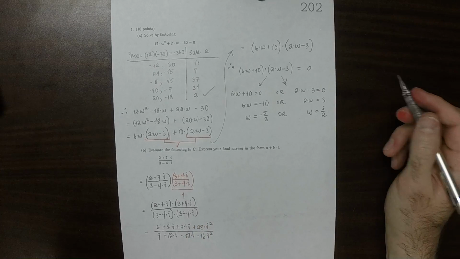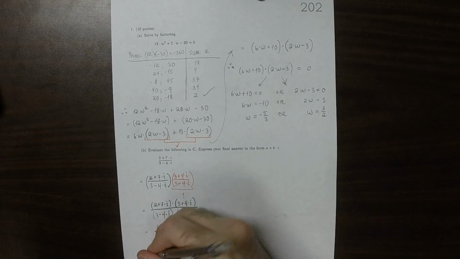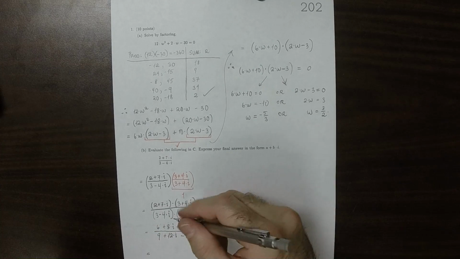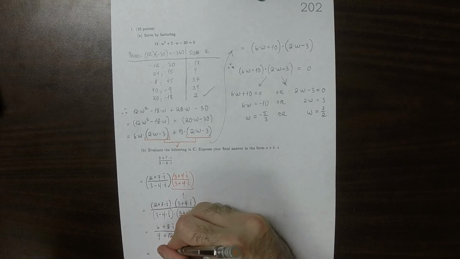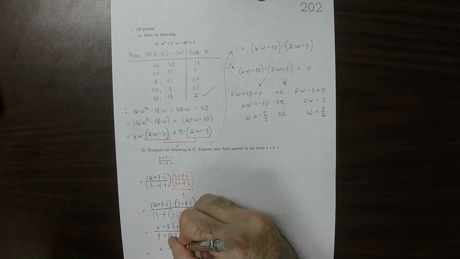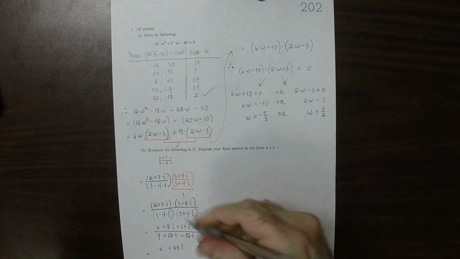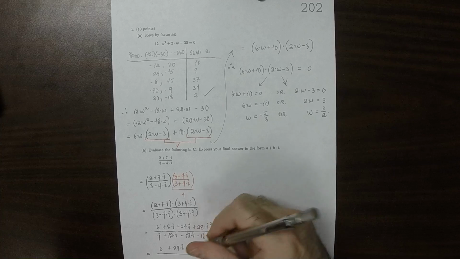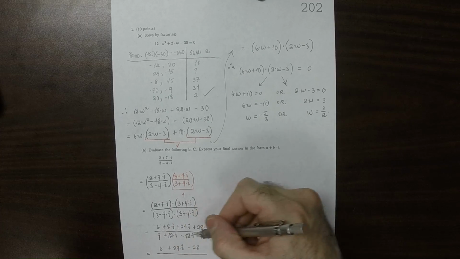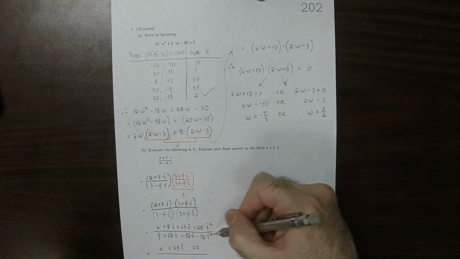Okay, simplifying things. This will be 6, and then plus 29i, and then minus 28, because i squared is negative 1. Then in the denominator the 12i's cancel, and then minus 16i squared.